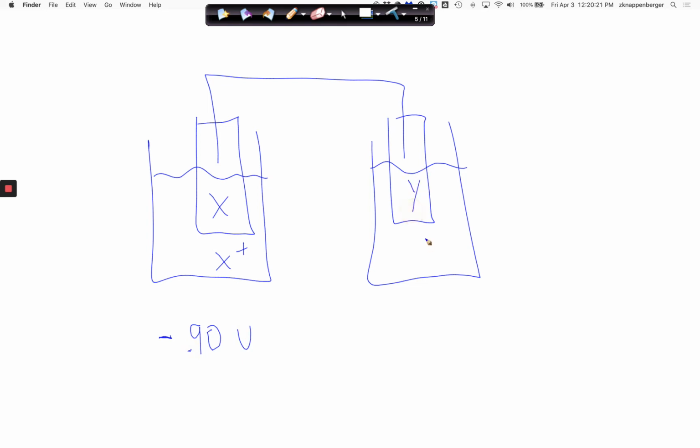This we called Y, and we said that this was negative 0.20 volts. This is where I made the mistake. This number is larger, therefore this is where the reduction will take place. Therefore, this is the cathode.